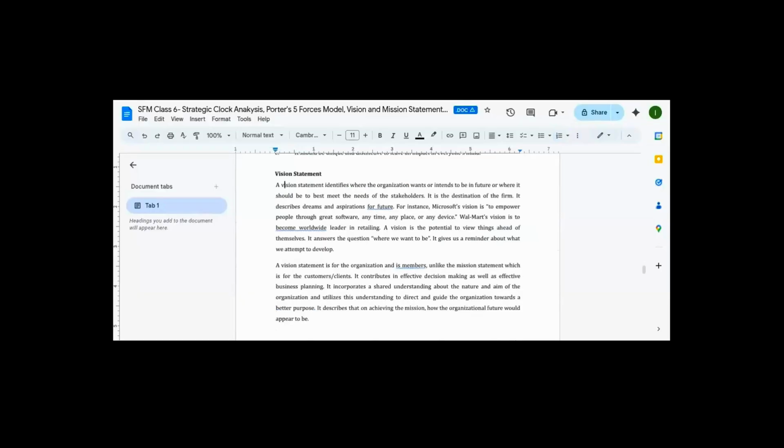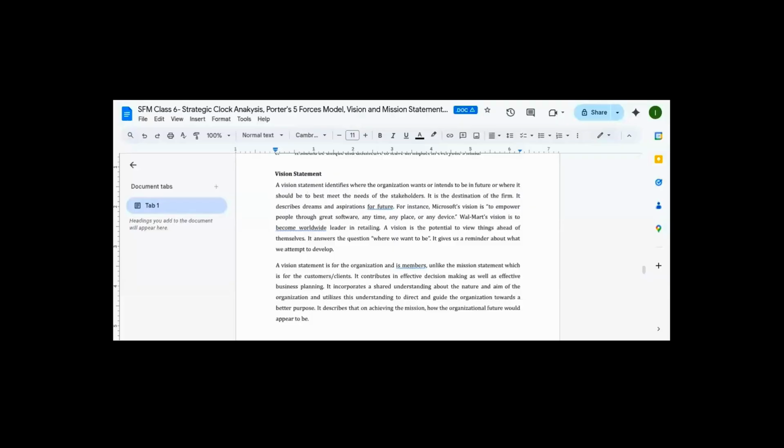So we now come to vision statement. A vision statement identifies where the organization wants or intends to be in the future, or where it should be to best meet the needs of the stakeholders.